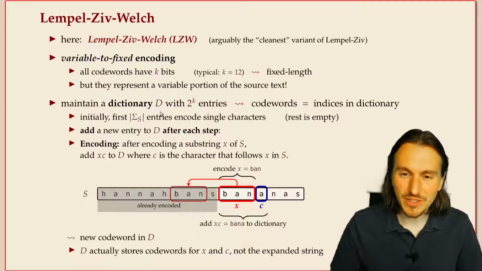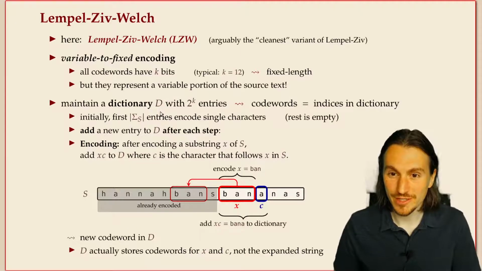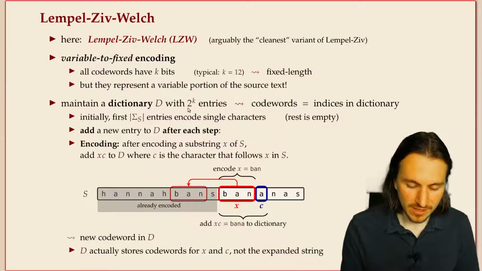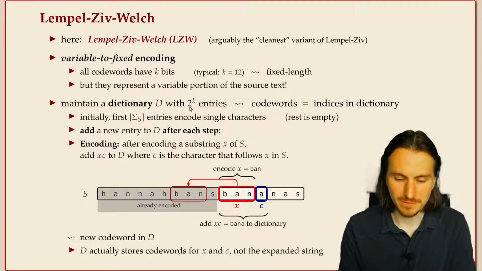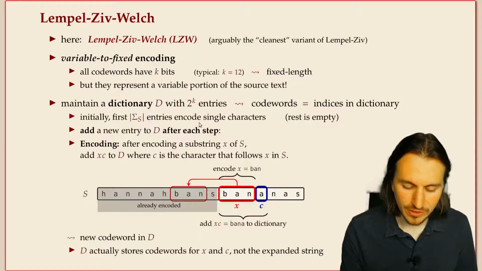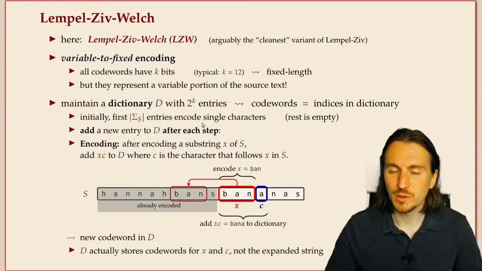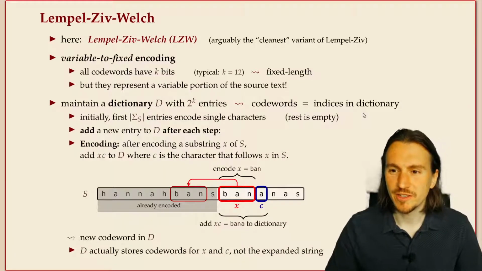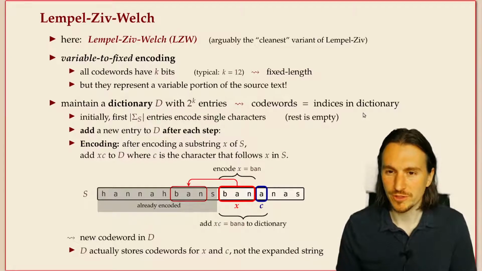We maintain a dictionary that is a collection of strings, of phrases. These are all substrings of the text that we're compressing. At most 2 to the k entries. Initially, we will only have some entries for single characters from the source alphabet, but this dictionary will get filled over time. And the indices in the dictionary, the order in which we add things to the dictionary, that will be our code words.